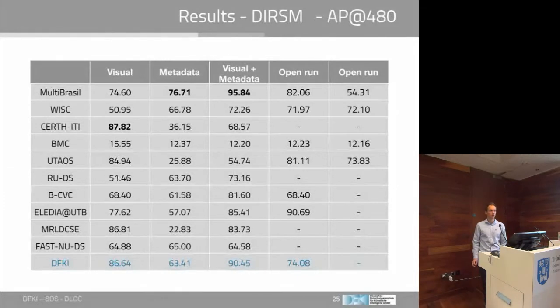And you can see the best result which we got was around 95%, so it was extremely high on this task. However, you see that not all of them are that good, so it really depends on the approach you're using. And we will learn more about this later on.